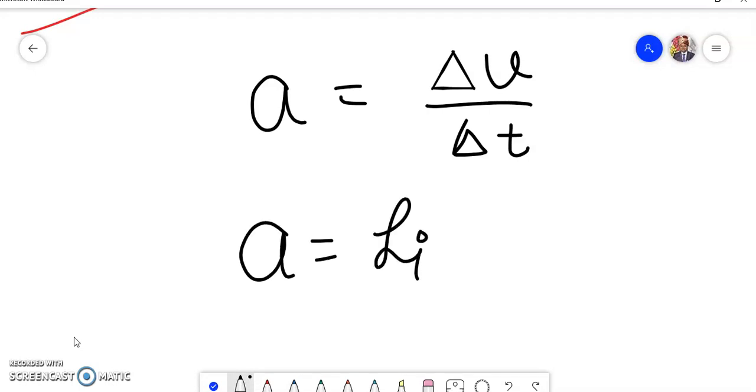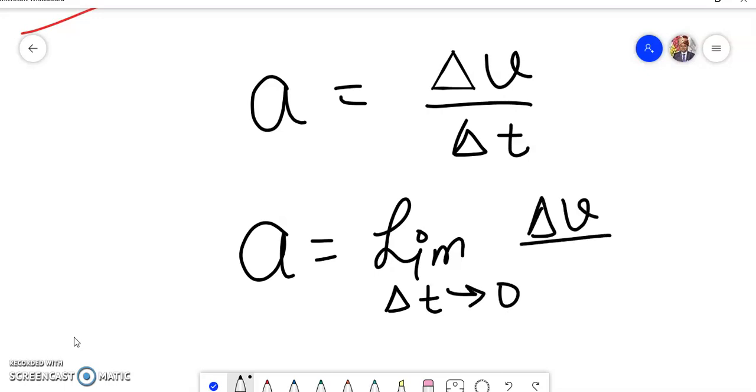See, we take the limiting value delta t tending to 0, and this will be delta v upon delta t. Now this delta t tending to 0 means that delta t is such a small quantity, an infinitesimally small interval of time, at which we have to find the acceleration.